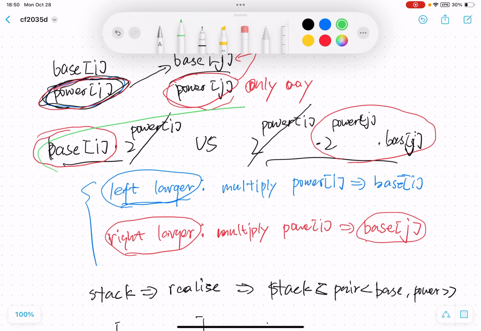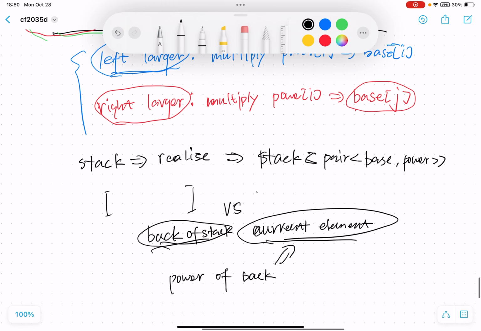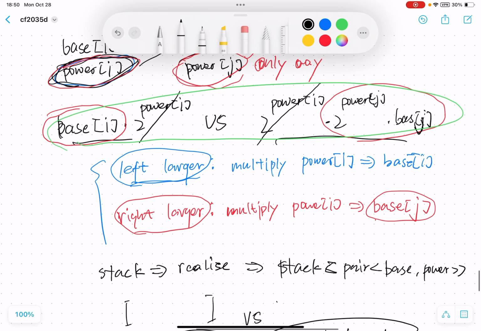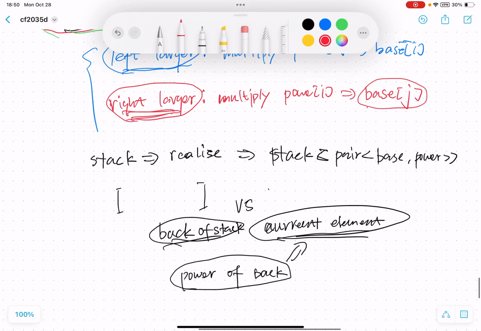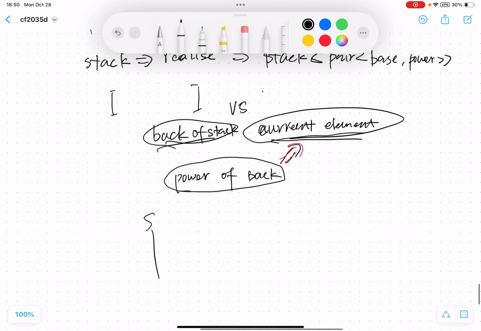we should use this strategy to make a decision if we should multiply the power of back into the current element. If the second one, that means if the current value is larger, we need to add it into it. And that means there are two kinds of results.